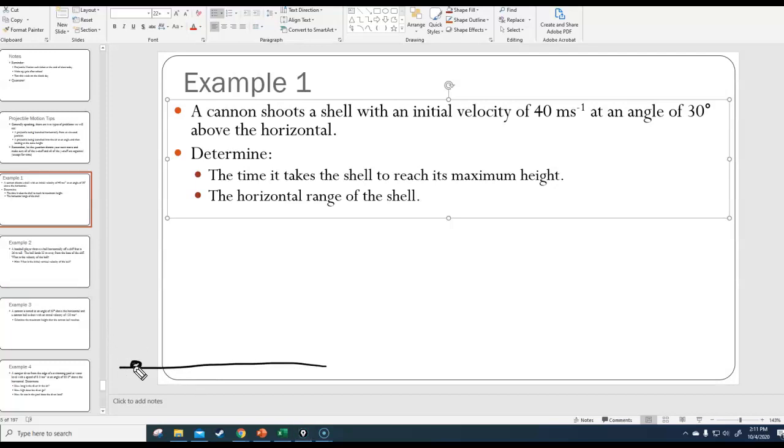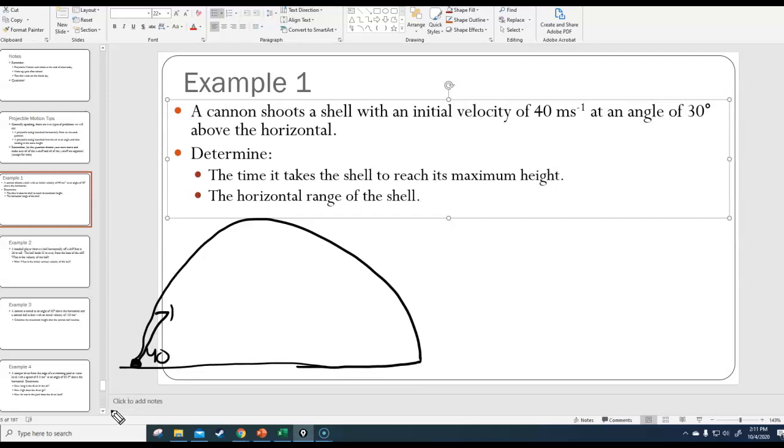So basically, the cannon is shooting a shell at an angle of 30 degrees above the horizontal, and it's going to go up and down like this. This just gives me a visualization so I know what's happening.